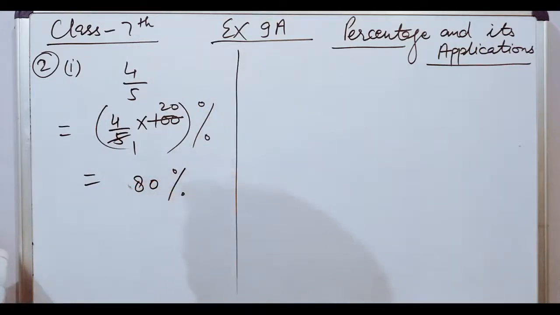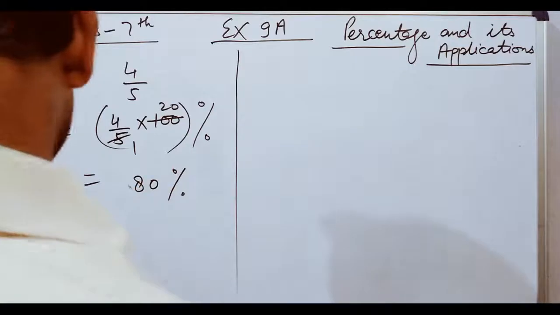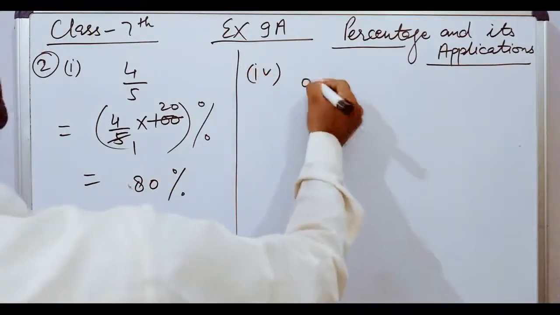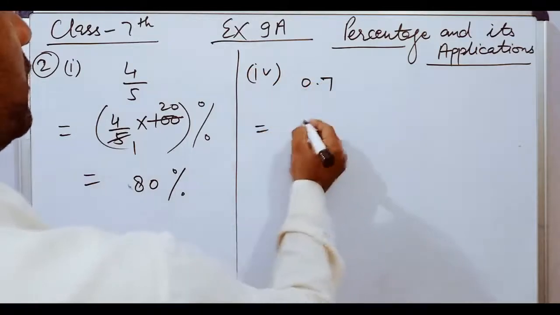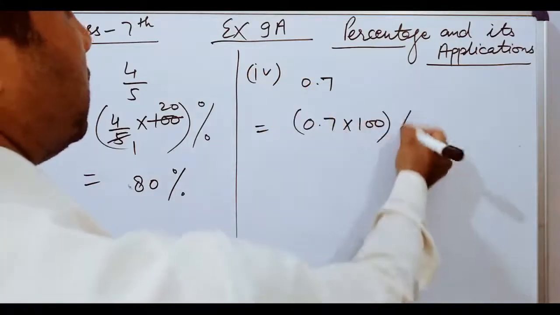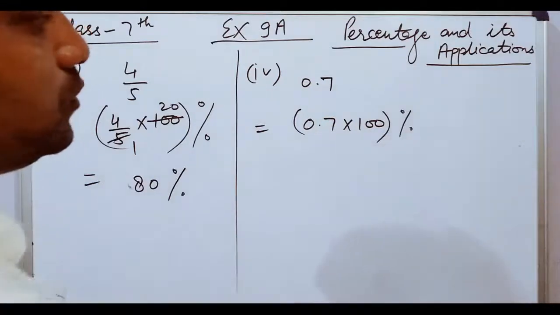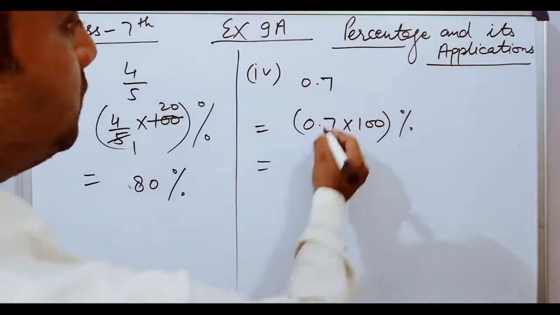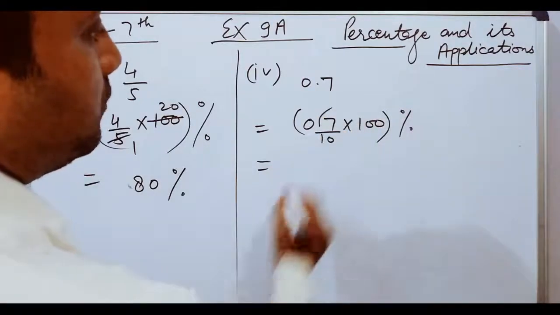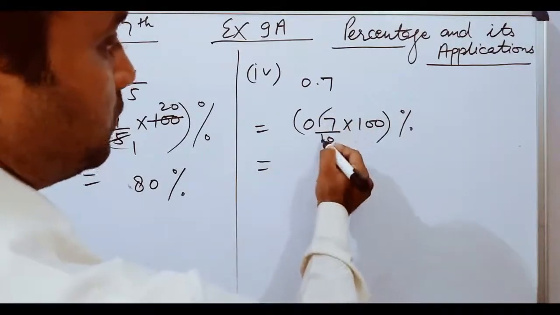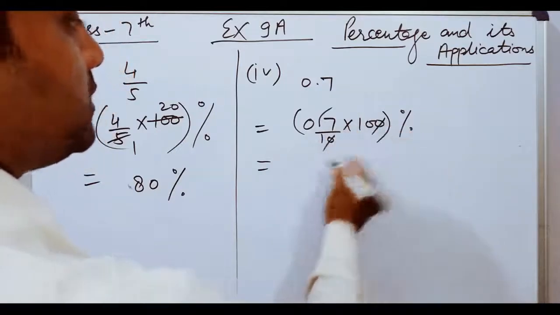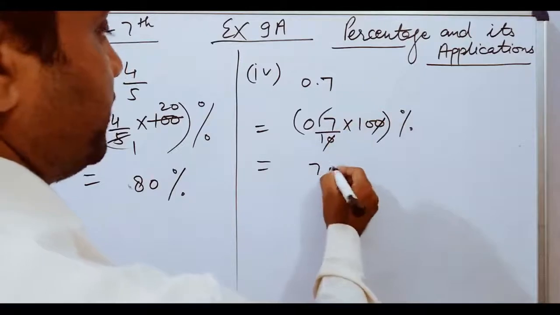Okay. Then fourth part, 0.7 into 100 percent. Okay, then remove decimal: 7 upon 10, then 10 cancel. It is now 7 times 10, 70%.